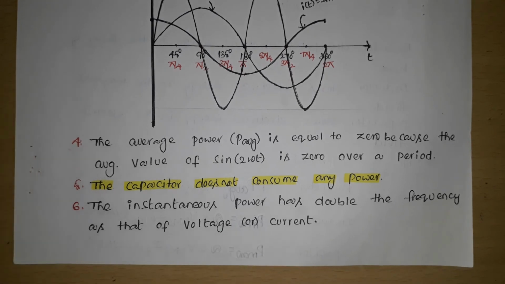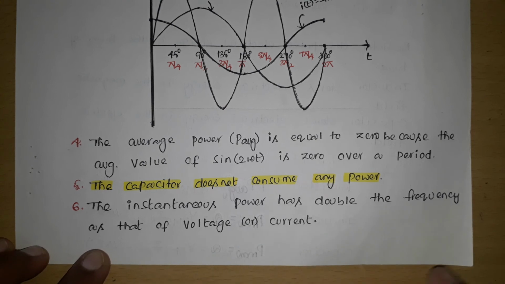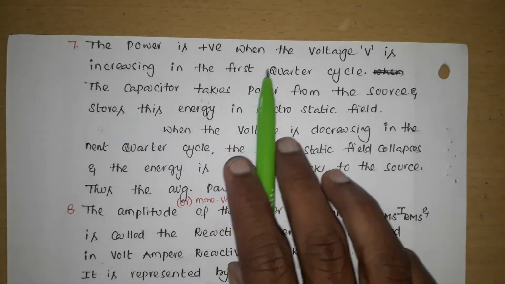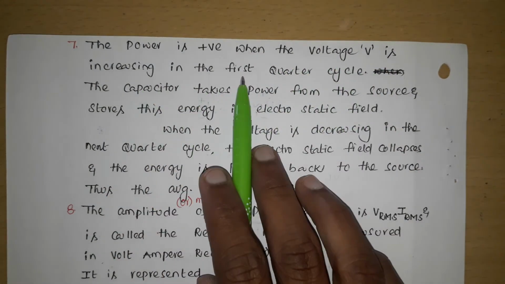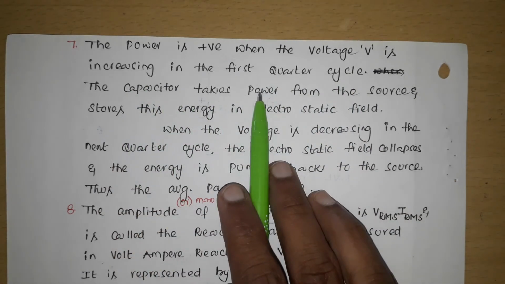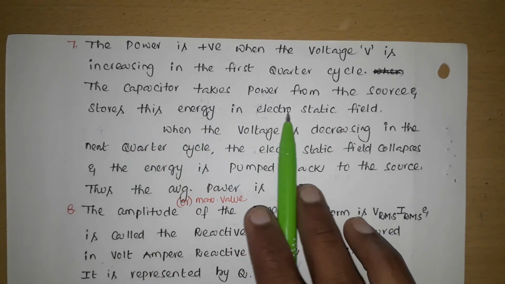So the instantaneous power has double the frequency of voltage or current. The power waveform frequency is double that of voltage or current. The power is positive when the voltage V is increasing in the first quarter cycle. The capacitor takes power from the source and stores this energy in the electrostatic field.